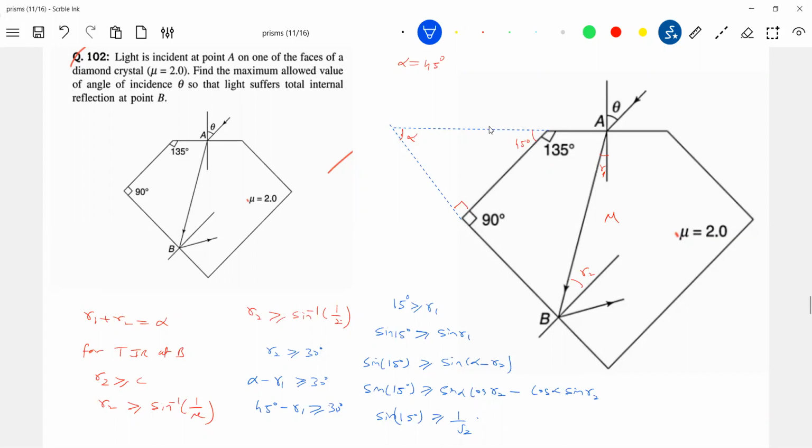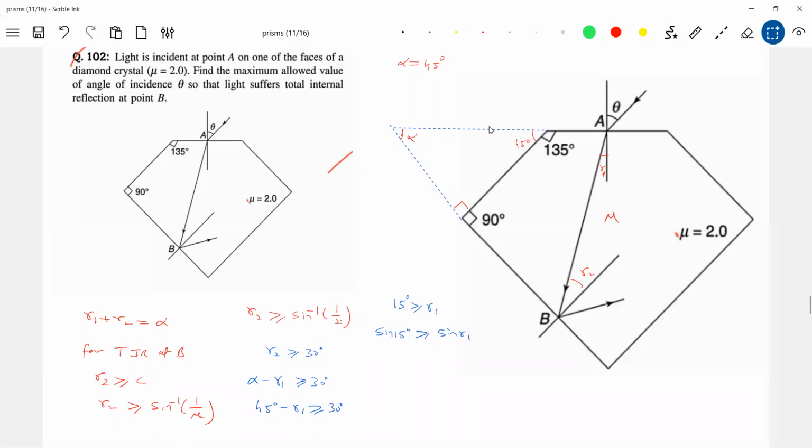Theta I should bring, no? Sine R1 I can write as, I should bring theta, no? So applying Snell's law, sine theta equals mu sine R1, and mu we know is 2. So therefore this will become sine of 15 degrees is equal to sine theta by mu.